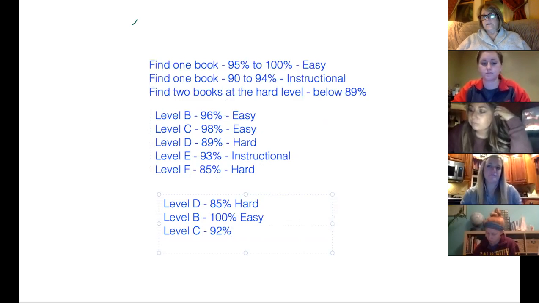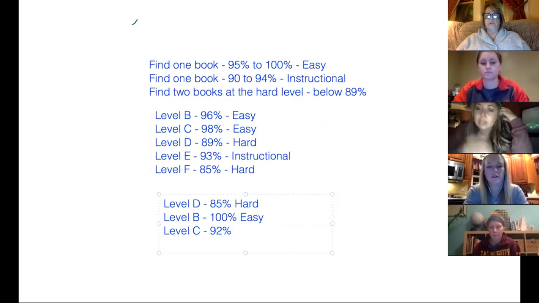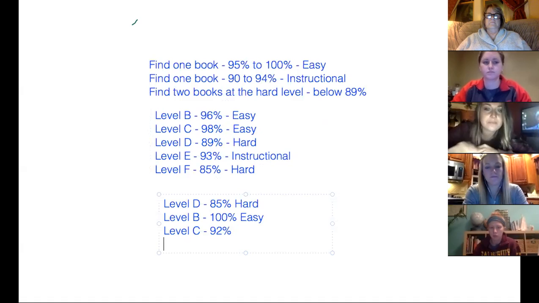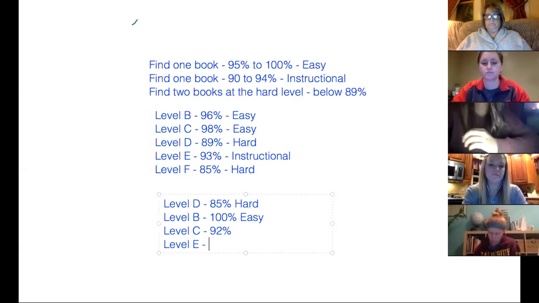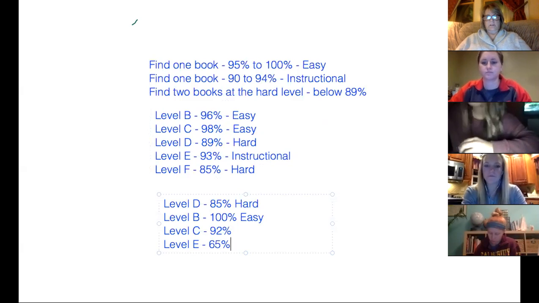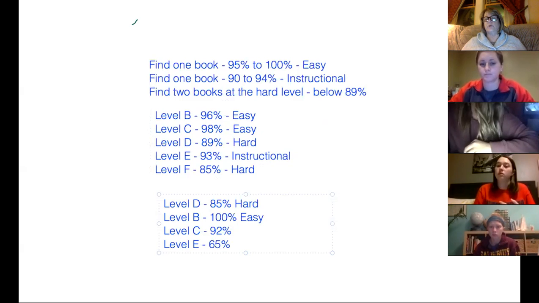And then, Sydney, what are you going to do next? Or are you going to stop? I would do, you need 1 more hard. Right. So you're going to try a level E. And maybe the first 2 pages, you know, it's too hard.